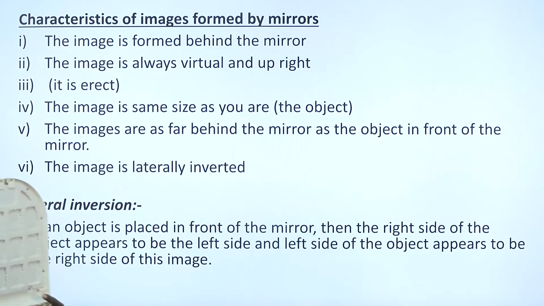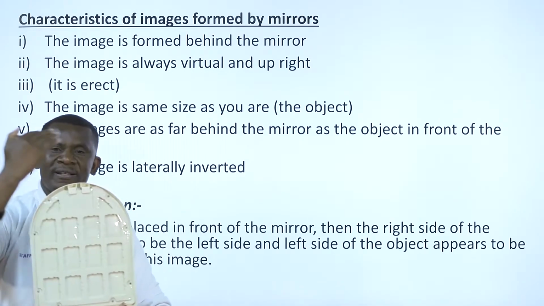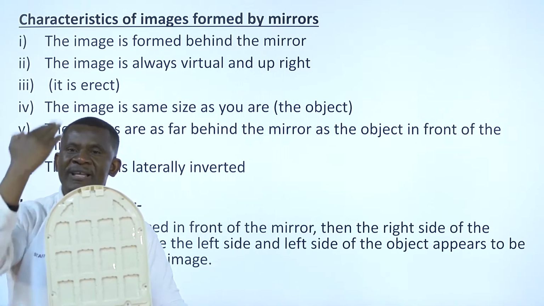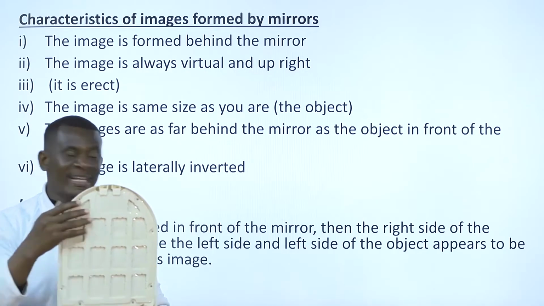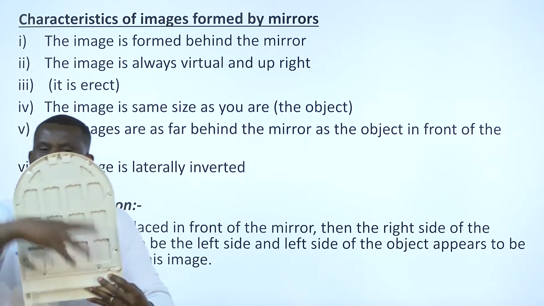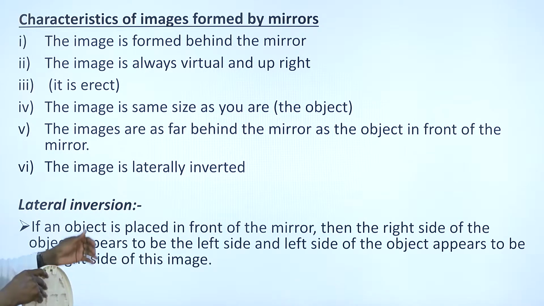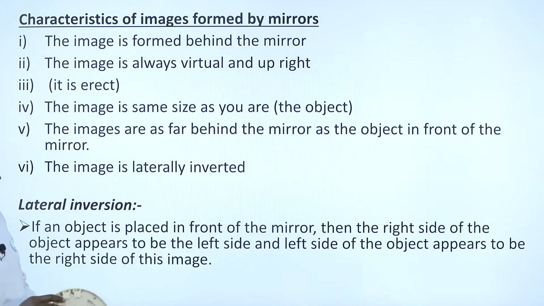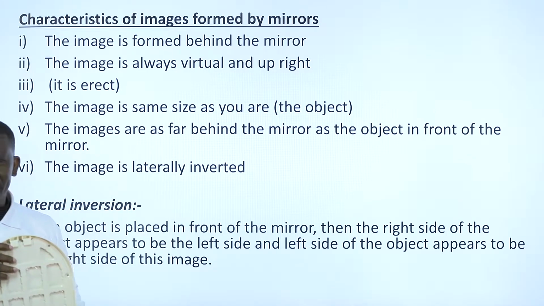So, the image that is formed by a mirror is always behind the mirror. Since it is behind the mirror and it is a virtual image, you cannot touch it. The image is always virtual and upright.